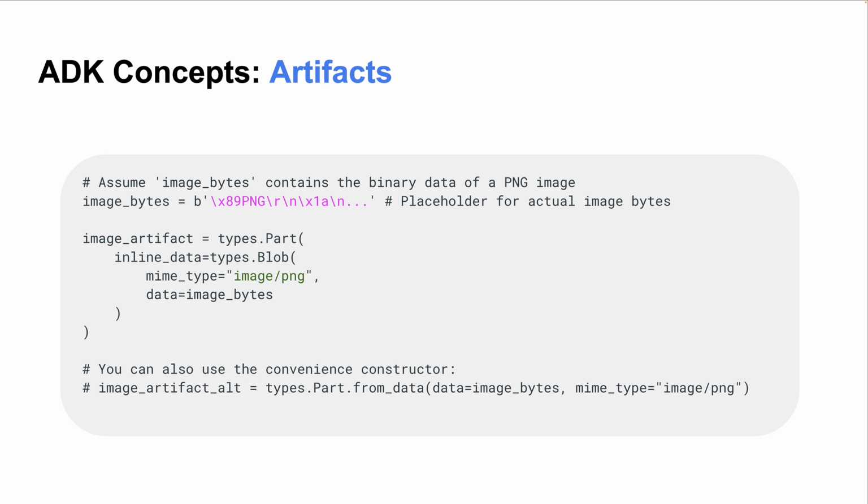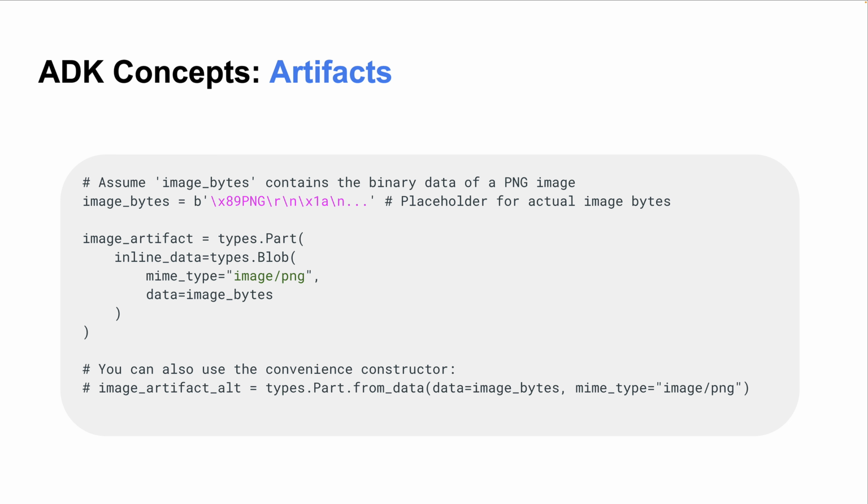Alright, next, let's talk about the concept of an artifact. An artifact is essentially a piece of binary data, like the content of a file, for example, identified by a unique file name string within a specific scope, which could be session or user. Each time you save an artifact with the same file name, a new version is created.